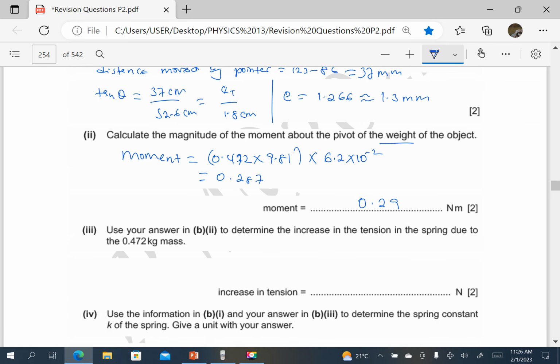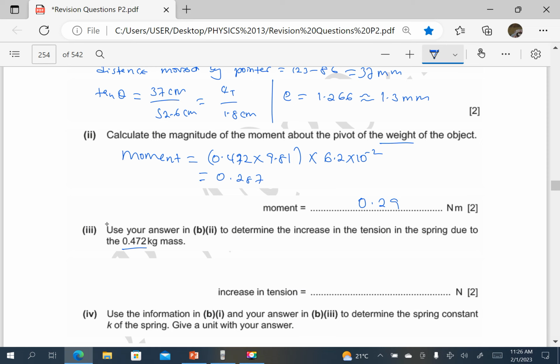Use your answer in B Roman 2 to determine the increase in tension in the spring due to the 0.472 kilogram mass. So we have seen the magnitude of the moment about the pivot caused by the weight as 0.29. Of course, remember, in every position there is equilibrium.